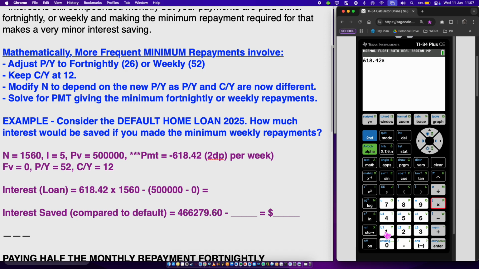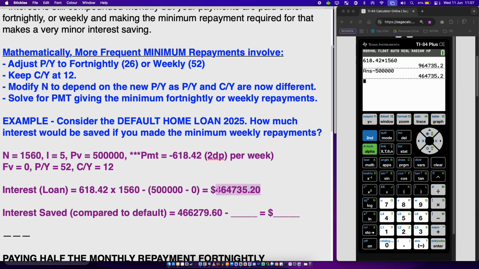So the amount of interest you'd pay by choosing to pay weekly, just by the minimum, $735.20.